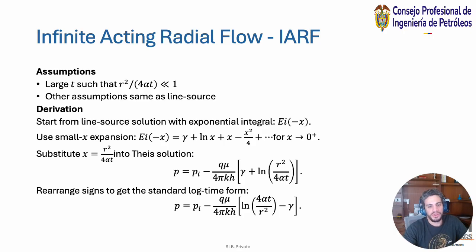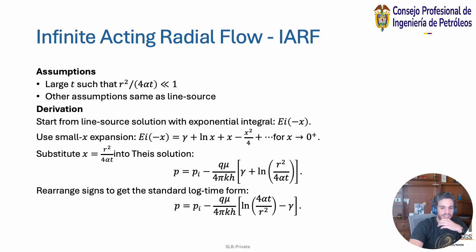Now, let's go through the derivation. We can use the small argument approximation for the exponential integral function, and we can say that it's approximately minus gamma plus natural log of x for any given x that's much less than 1, right? And then we can set x equal to r squared over 4 alpha t.